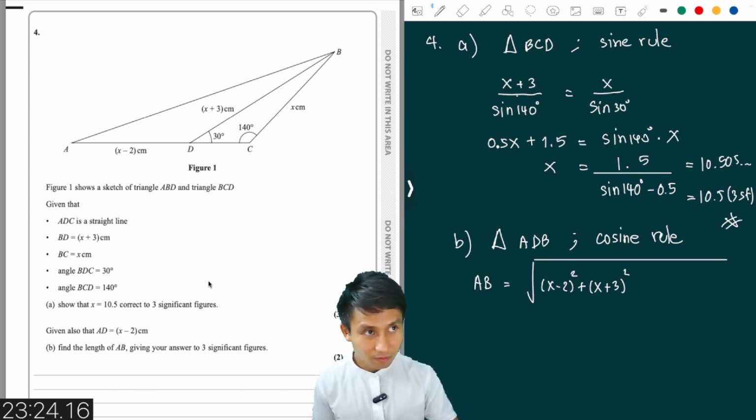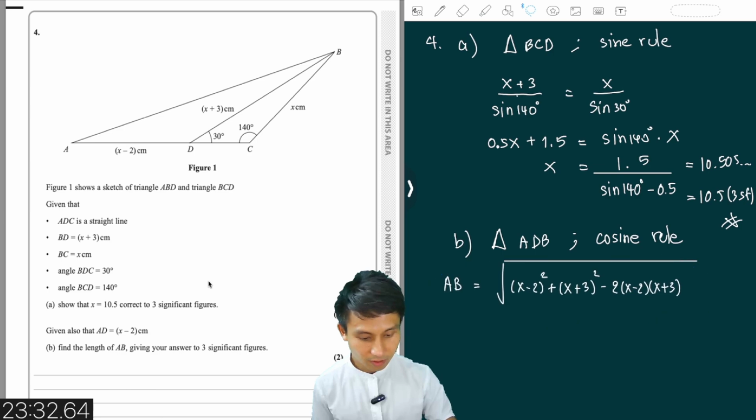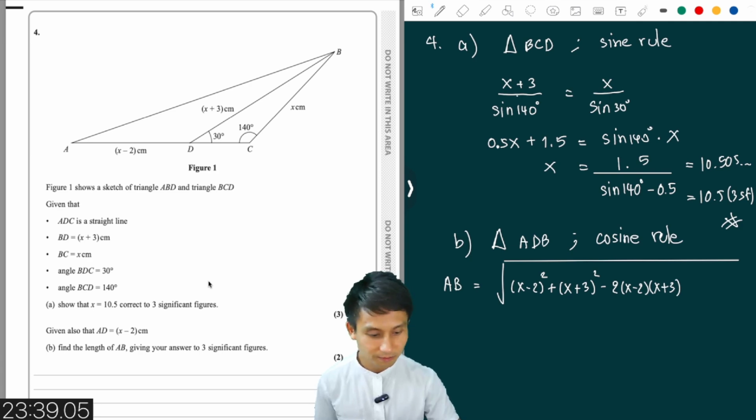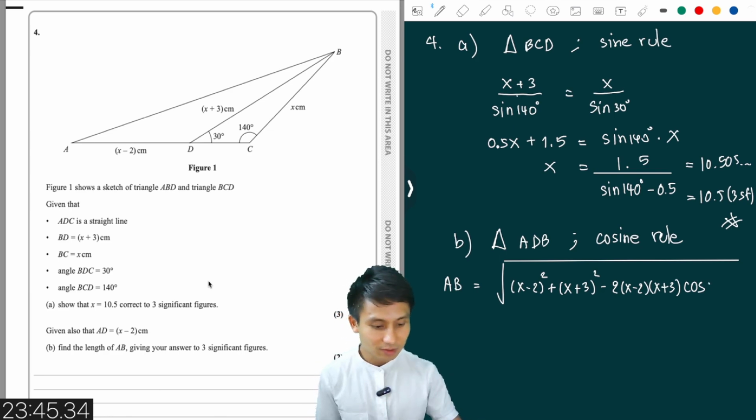And then minus 2 times a times b, right? That's the formula for the cosine rule. And then times the cos of the angle between the two smaller sides. So it's cos of 180 minus 30, because that's adjacent to 30 degrees. So that's cos 150, right?